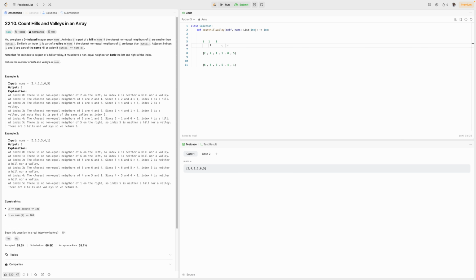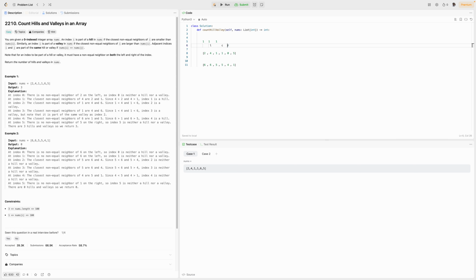Yeah, if it's a valley, then we check to see if the condition is true or not. If it's a valley, then we know that it's okay, this number is still not true. We increment the right pointer until we get to a different number.